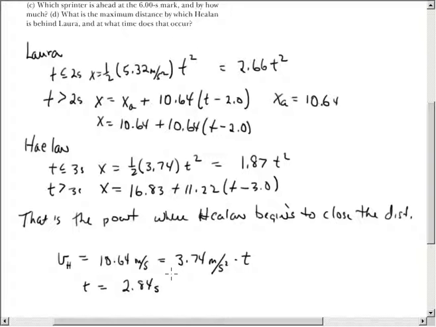Now, can we calculate what the respective positions are at time t equals 2.84? Are you convinced that time t equal to 2.84 seconds is where the maximum distance occurs?